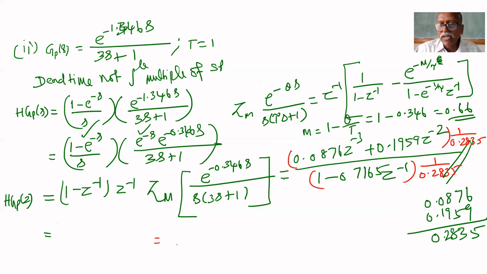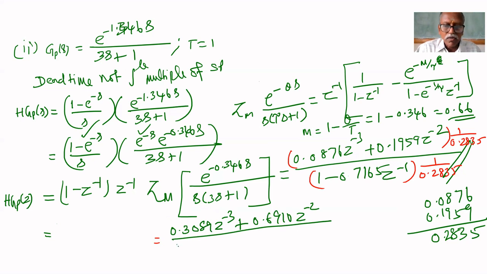If you add 0.0876 divided by 0.2835, you will get 0.3089 Z power minus 3 plus 0.6910 Z power minus 2 upon, 1 divided by 0.2835 is 3.5273 minus 2.5273 Z power minus 1.